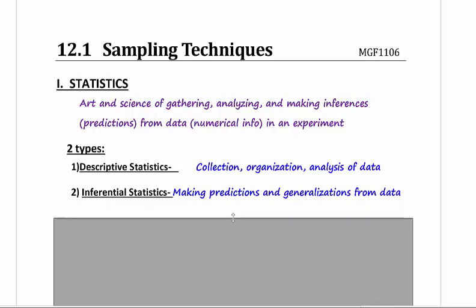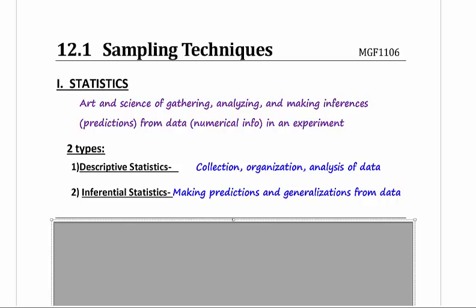We're going to have two types of statistics. We mostly in this course are going to deal with what's called descriptive statistics. We're going to do a little bit of inferential, but if you were to take another statistics class, you'll go much more in depth in the inferential statistics. So the descriptive statistics is where we actually collect the data, we organize the data, and we analyze the data. So collection, organization, and analysis of the data.